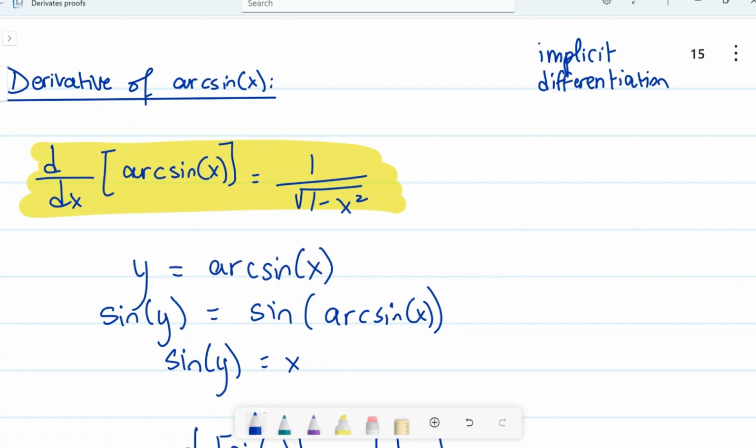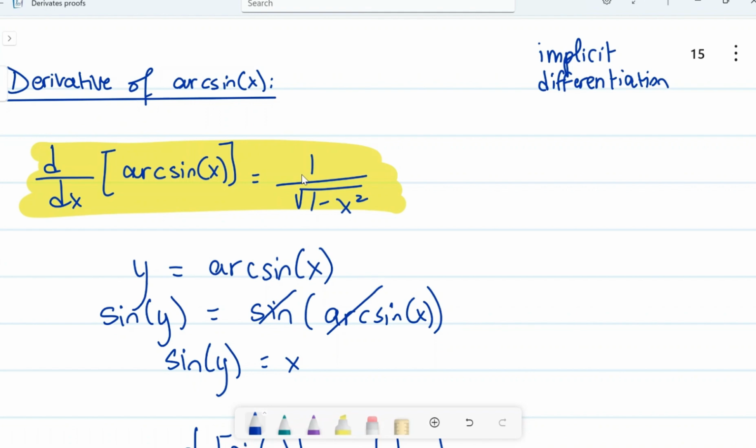So we will take the sine of y and the sine of arcsin of x. So we are taking the sine on both sides. We get sine of y equals sine of arcsin of x, and as we learned in previous videos, sine and arcsine cancel each other, and we will be left with sine of y equals x.